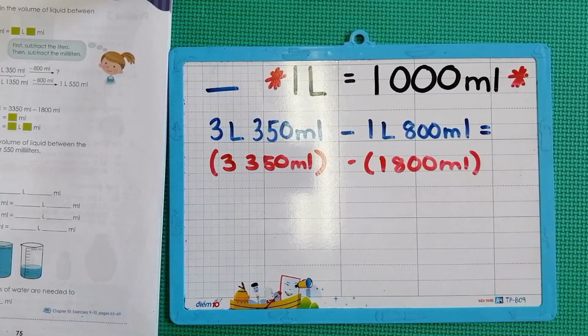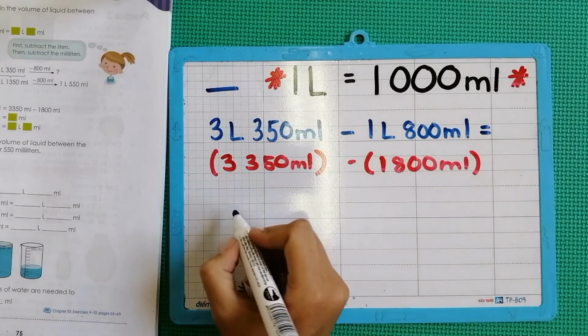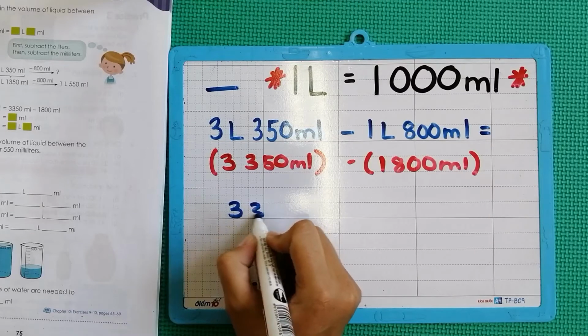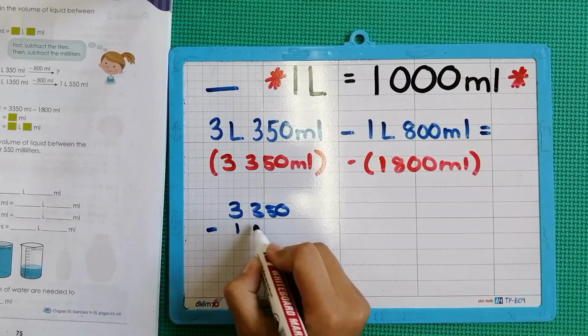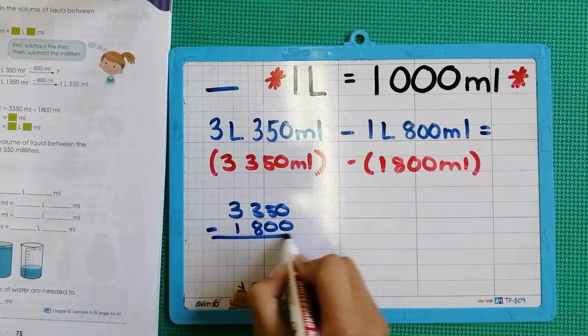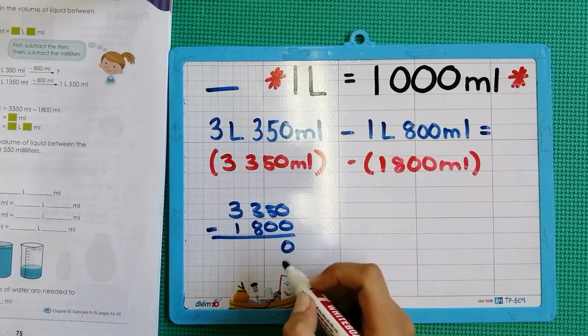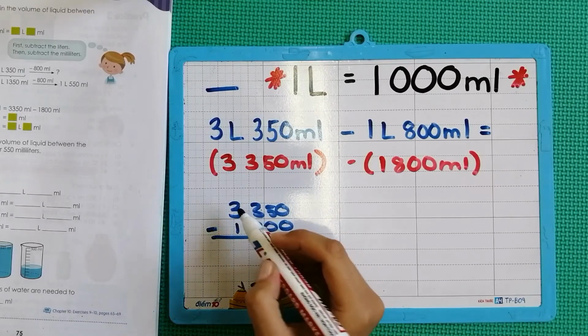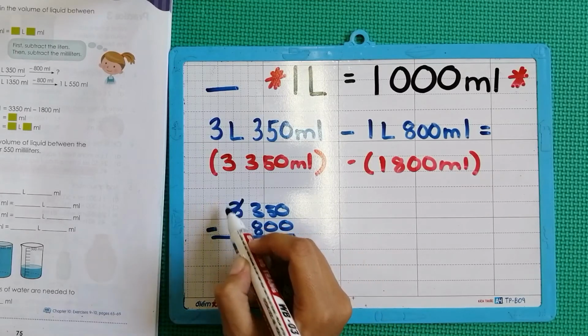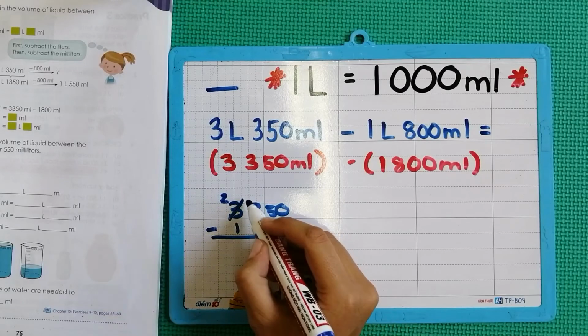Now to subtract them, let's do a little sum. 3,350 minus 1,800. Draw a line. 0 minus 0 is 0. 5 minus 0 is 5. 3 minus 8 we cannot do. Cross out. Write what's left over.